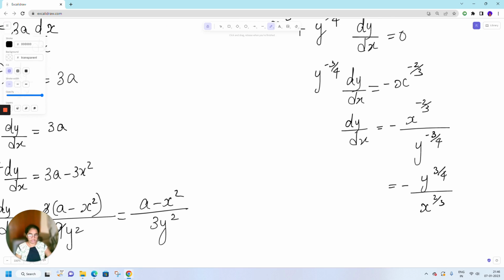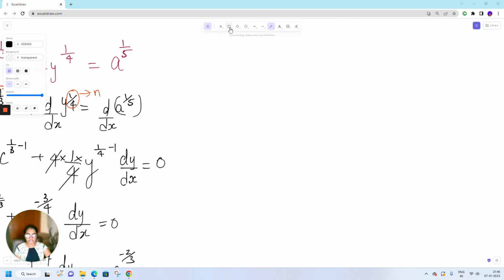Okay, so moving on to our next question, that is find dy/dx of log x plus 45x cube is equal to y square. Yes, how would you find the derivative of this?